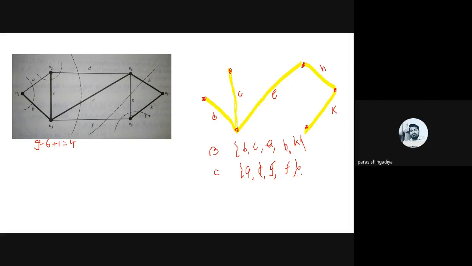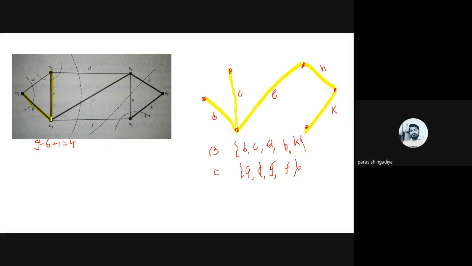And now, based on the spanning tree, let us derive the fundamental cut set. So let us draw the spanning tree here, and from the graph we can easily identify which edges are the branches and which edges are the chords. So this yellow line, okay, these are the branches of the spanning tree.